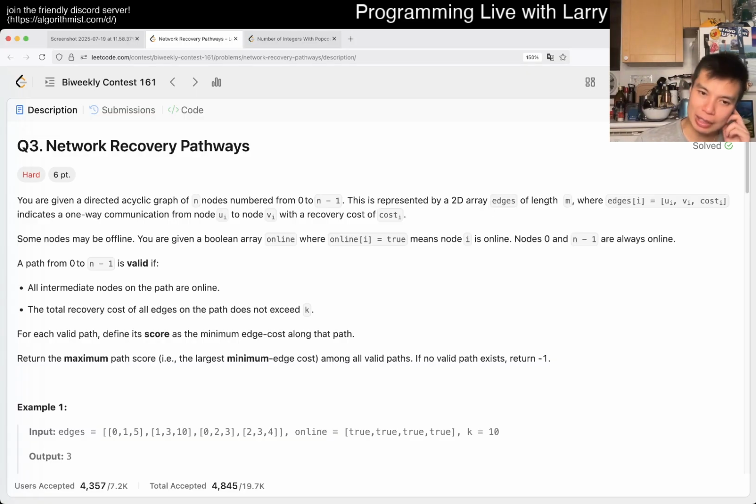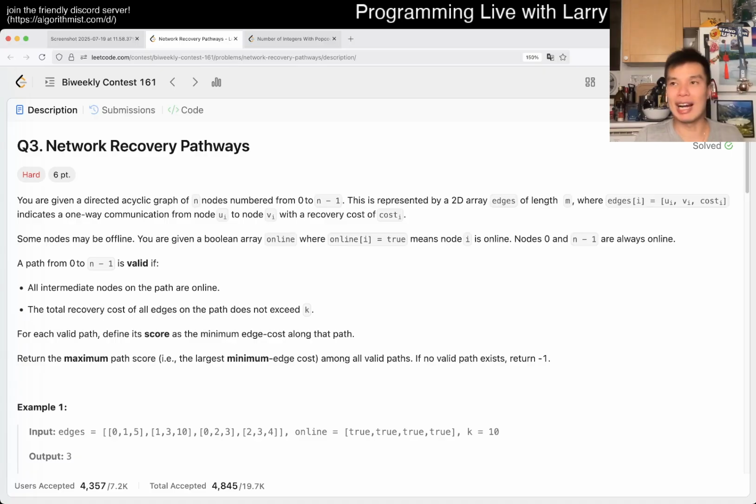But once I took a while to understand it, it just means that if there's any path at all where the score, which means the minimum edge of a path, is some target, then you're good.